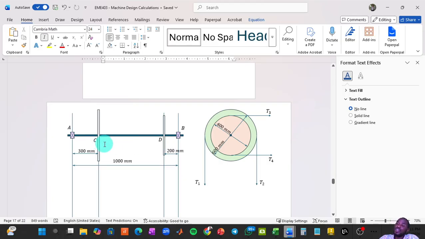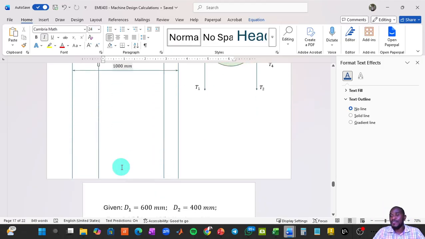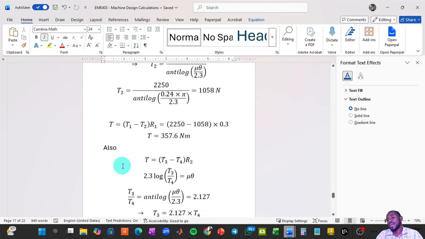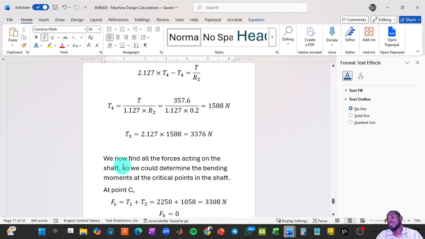But since it's closer to point C, the reaction at point A will be more than the reaction at point B.